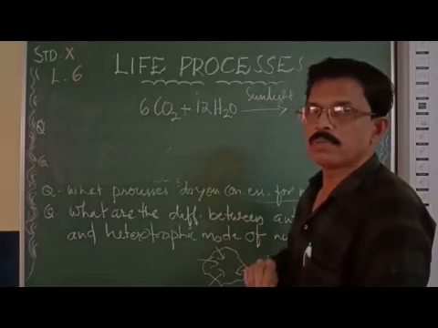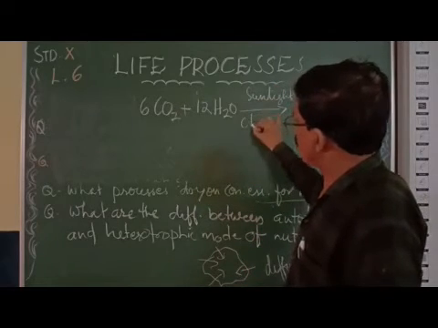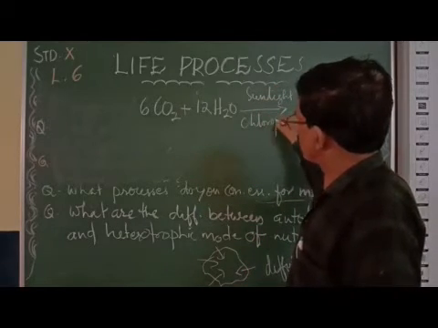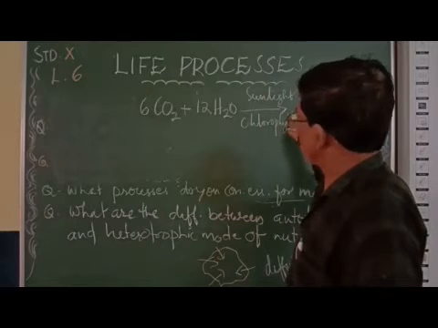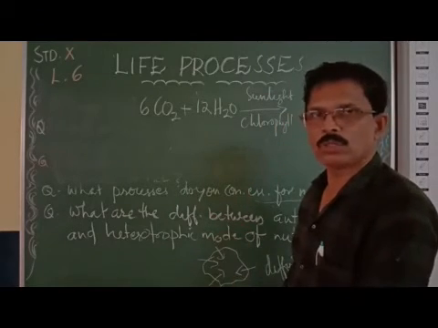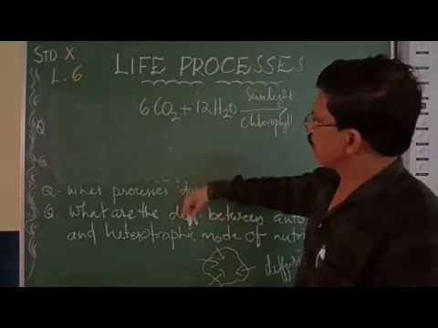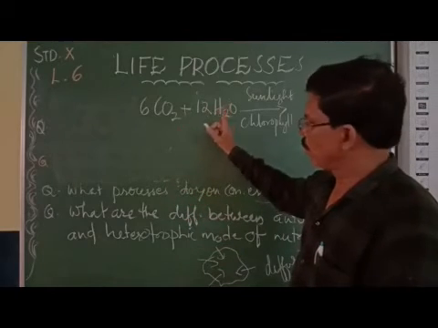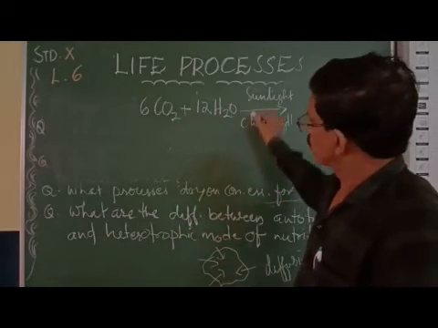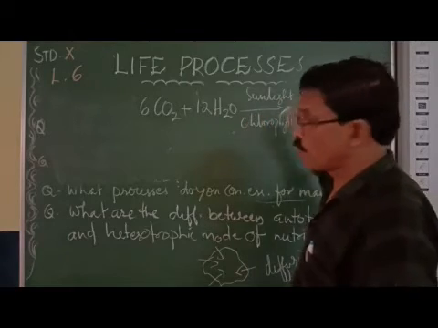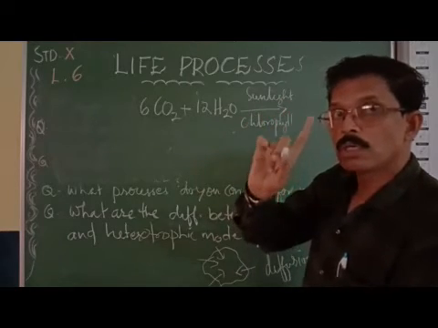Chlorophyll is there to absorb the sunlight. Chlorophyll taps the solar energy. So 6 carbon dioxide plus 12 water molecules, with sunlight and chlorophyll, gives 1 molecule of glucose.